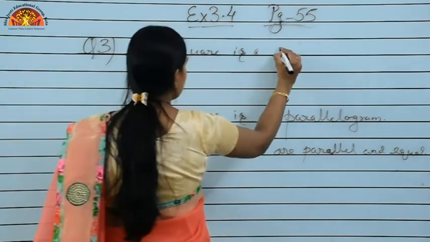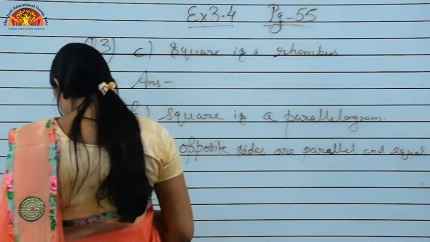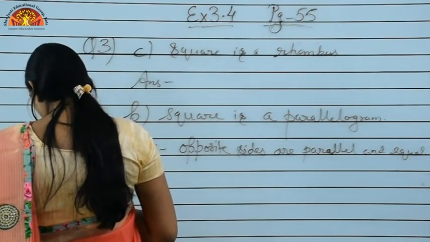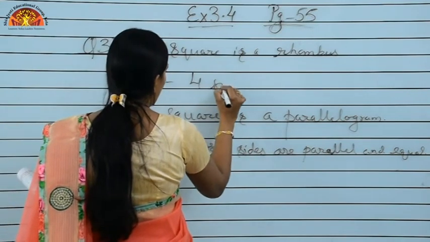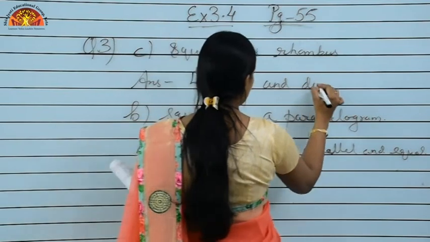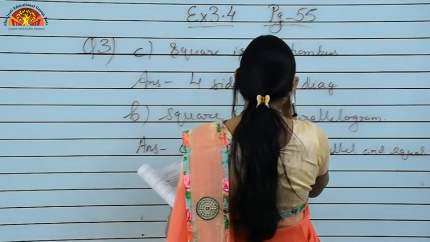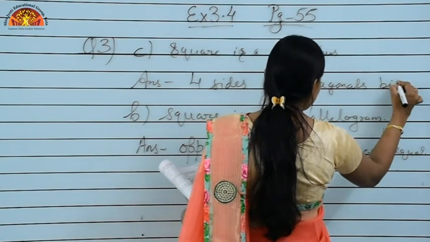A square is a rhombus because all the four sides are of equal measurement. Because all the four sides are equal and diagonals bisect each other.